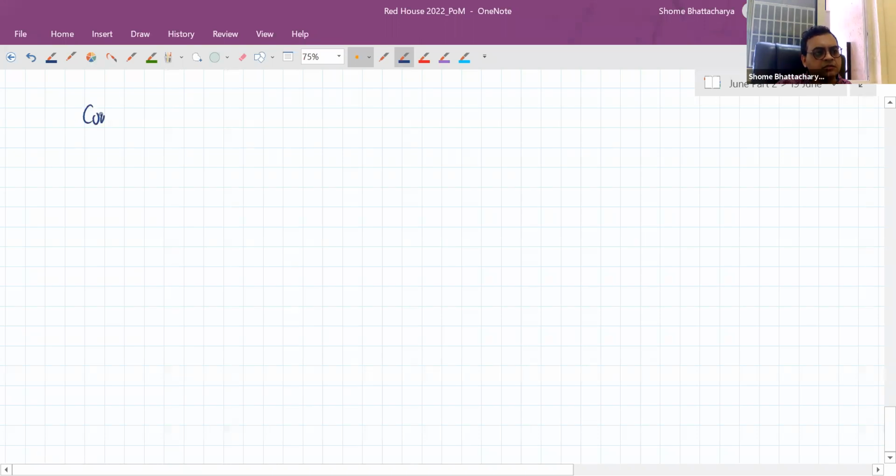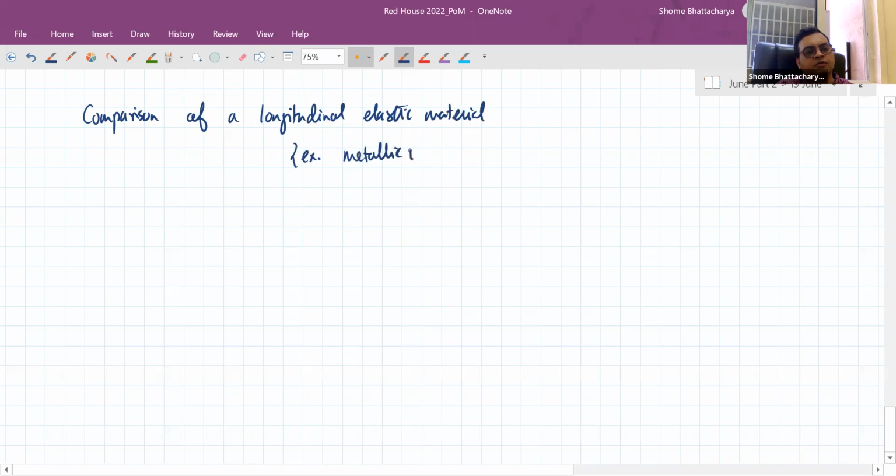We can do a comparison of a longitudinal elastic material, like a metallic wire or even a rubber rod kind of thing, and an ideal spring.